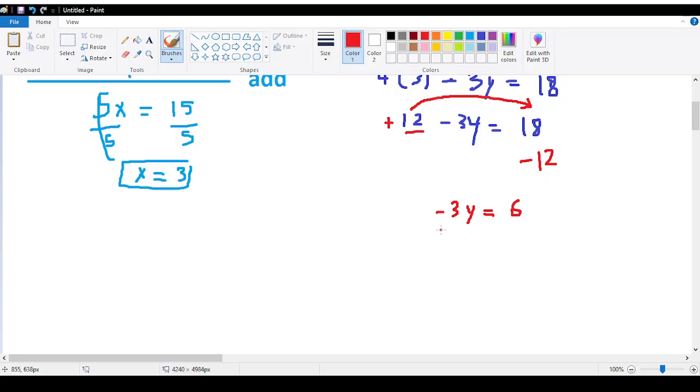Now with minus 3, we divide by 6. So I will divide here on this side. What should I divide with? Minus 3. Okay, and the other side, minus 3. So those two will cancel out. I will end up with y equals 6 divided by negative 3.